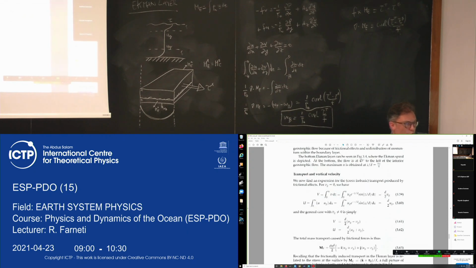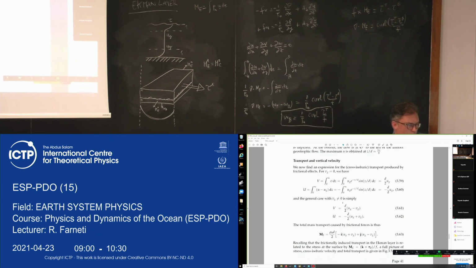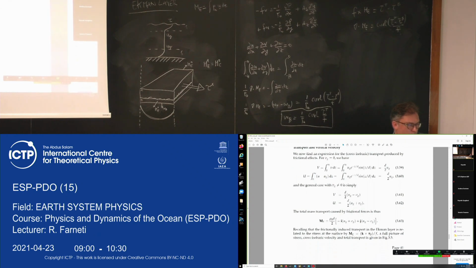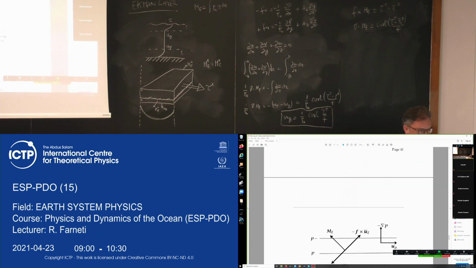If you compute the transport and the vertical velocity of this bottom boundary layer, again you generate the total transport V and U. You get this expression, and the total transport, which is what we looked at before, is simply giving you again the expression that we saw a few minutes ago.